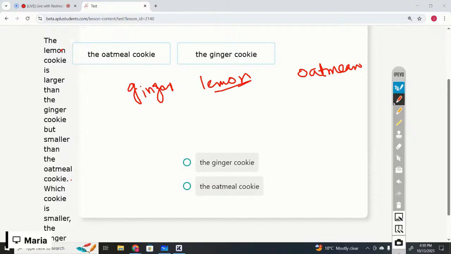Which cookie is smaller, the ginger cookie or the oatmeal cookie? So, which is the smaller one? You can go from here to here, smaller to greater.